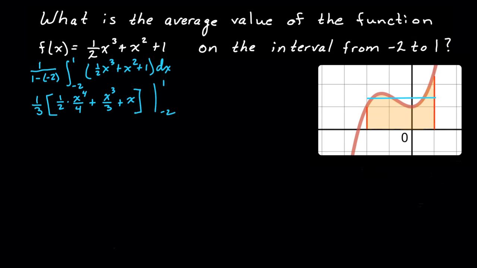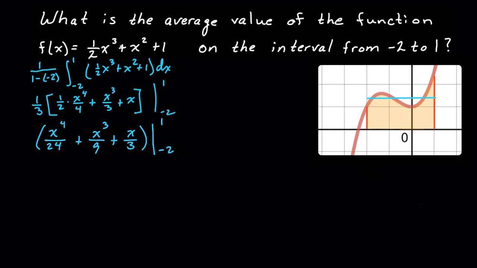I'm going to go ahead and distribute this 1/3 and simplify this a little bit. 1/3 times 1/2 times 1/4 will give you x to the 4th over 24. 1/3 times 1/3 will give you x cubed over 9, and then x over 3. And we're evaluating this between negative 2 and 1.